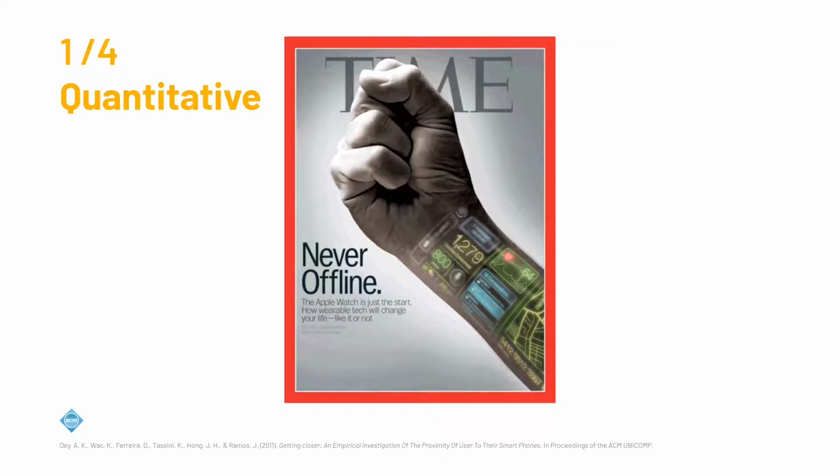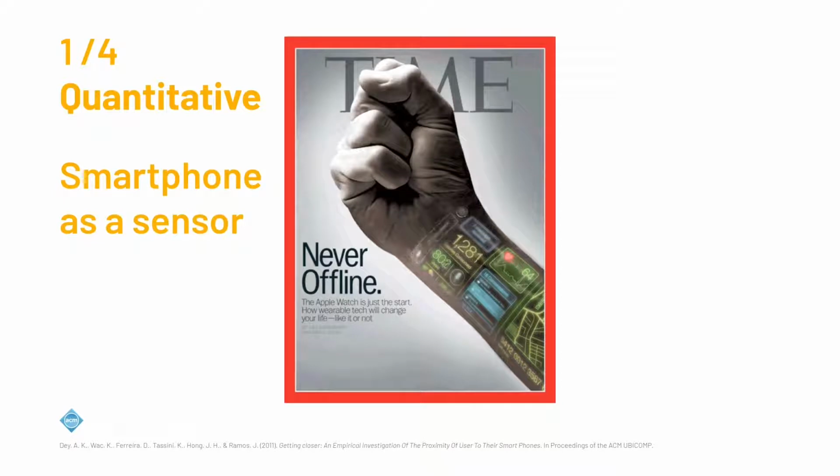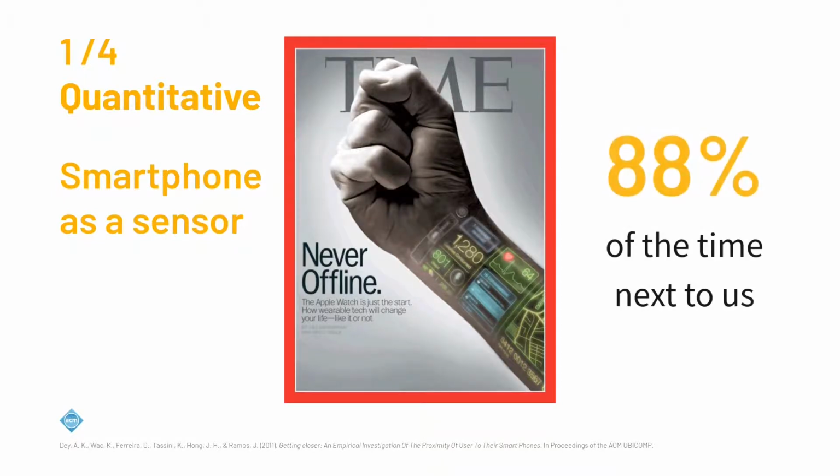So one of the first quantitative tools that I'm going to present is the smartphone. Smartphone as a sensor. In the past, we saw in one of our own studies that smartphones are always with us 88% of the time, daily, which is kind of crazy.